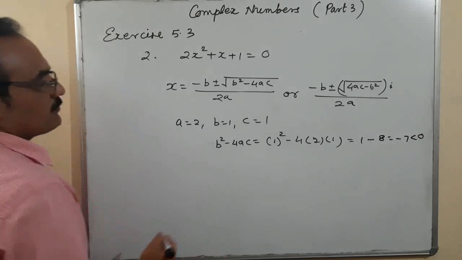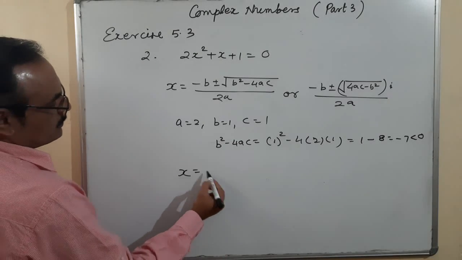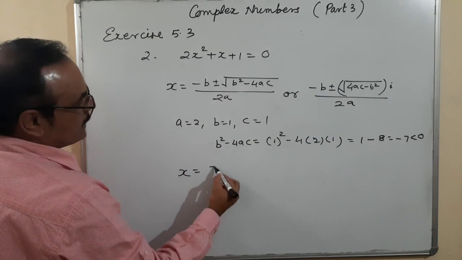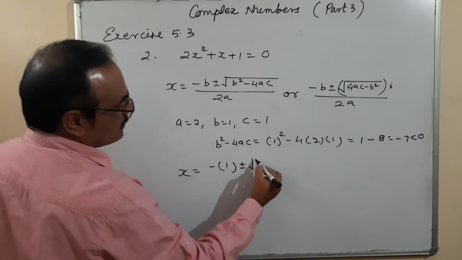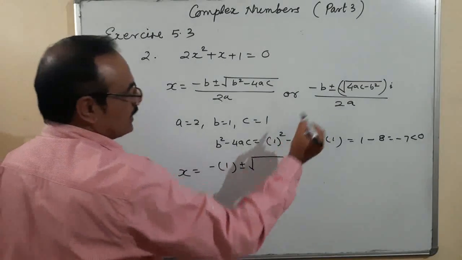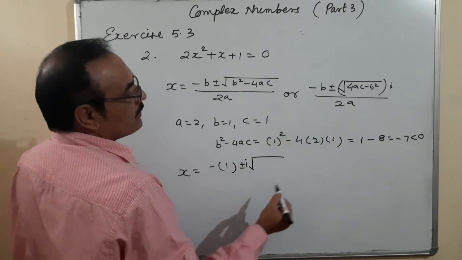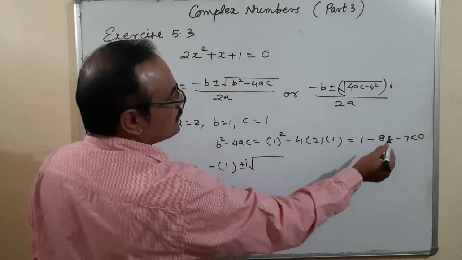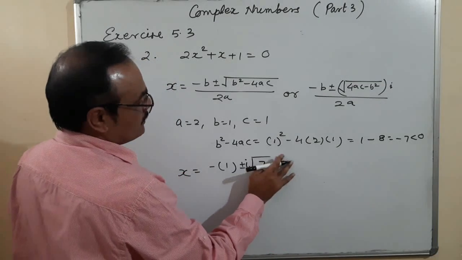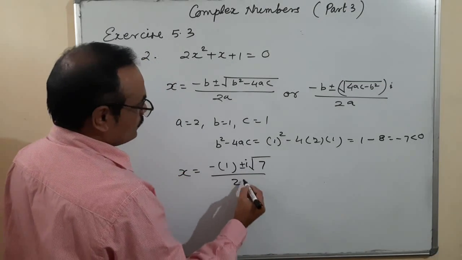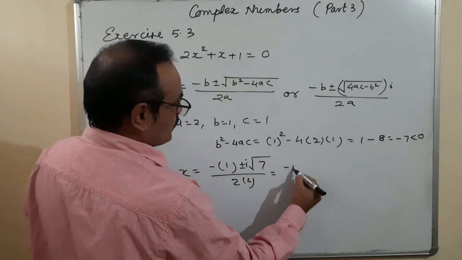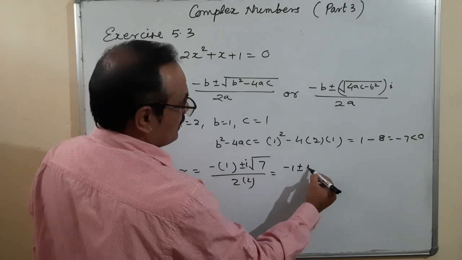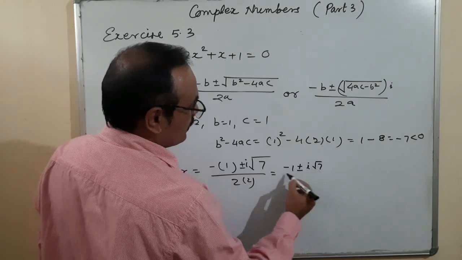Therefore the roots: x is equal to minus b, which is minus 1, plus minus i under root of 4ac minus b square, that is 7, upon 2 into 2, which is 2a. So minus 1 plus minus i root 7 upon 2.